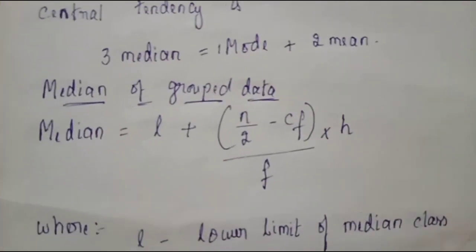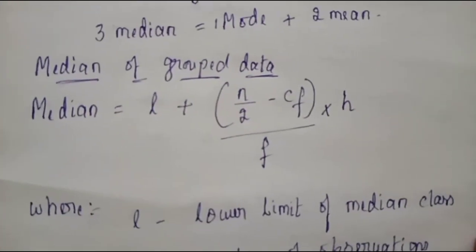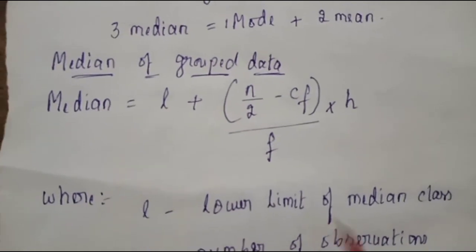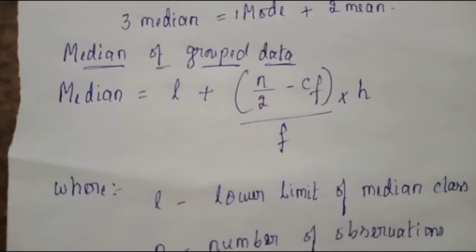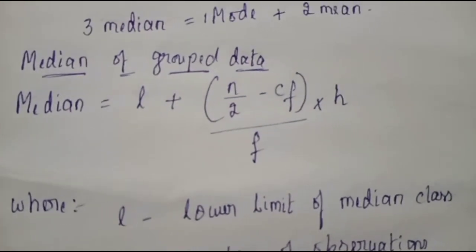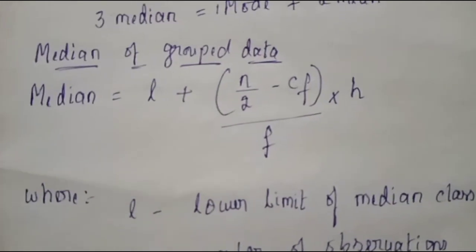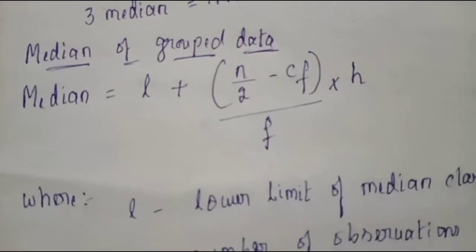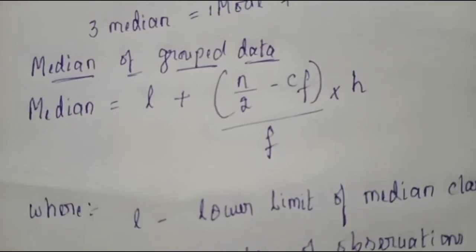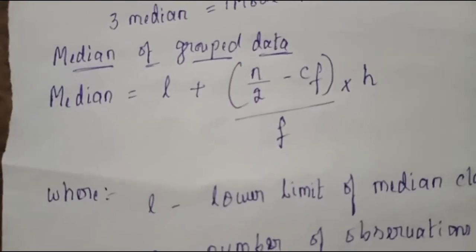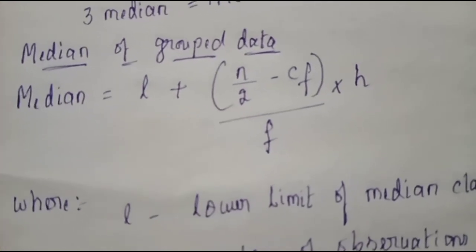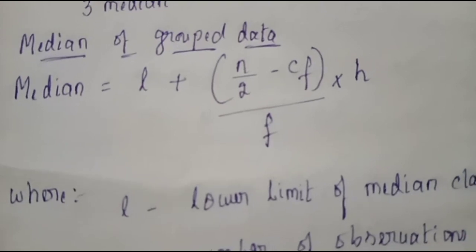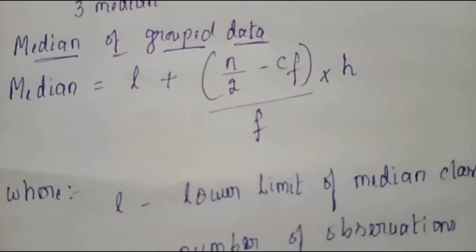Now let us start the last concept of central tendency, that is the median of grouped data. Till now we discussed how to find the median of ungrouped data. It is very easy to find the middlemost observation in ungrouped data, and we learned less than cumulative frequency and more than cumulative frequency, and I also explained the meaning of median class.